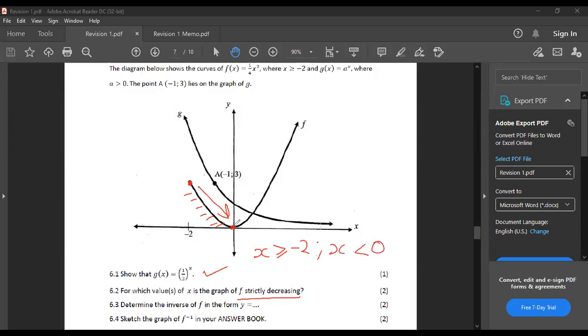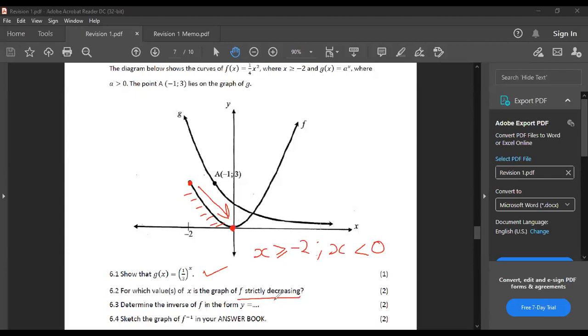You exclude 0 because 0 is a turning point. At 0, it's not decreasing, it's stationary.